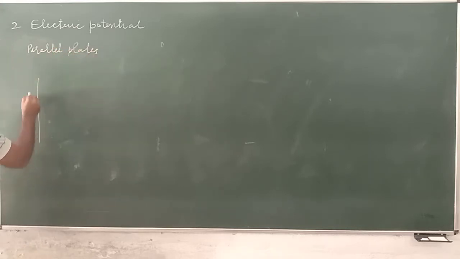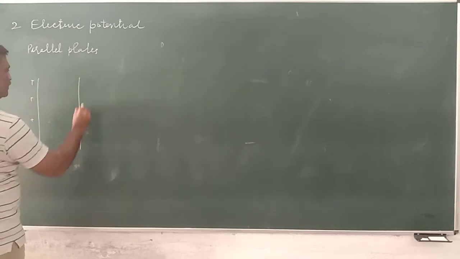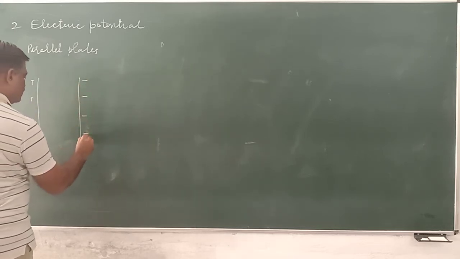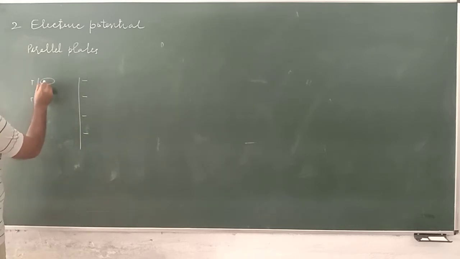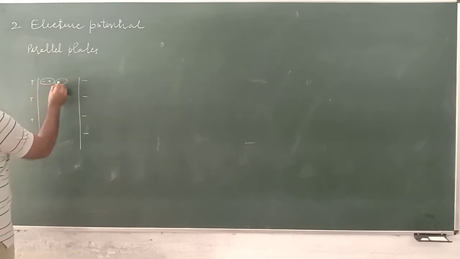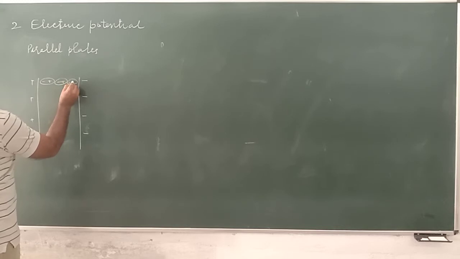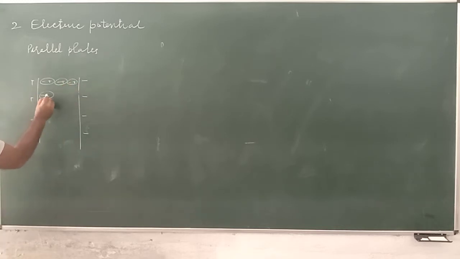This is the plus plate, and this is the minus plate. Now, this will come, this will come, and the same thing happens at the top. All of this gets aligned towards this plate.